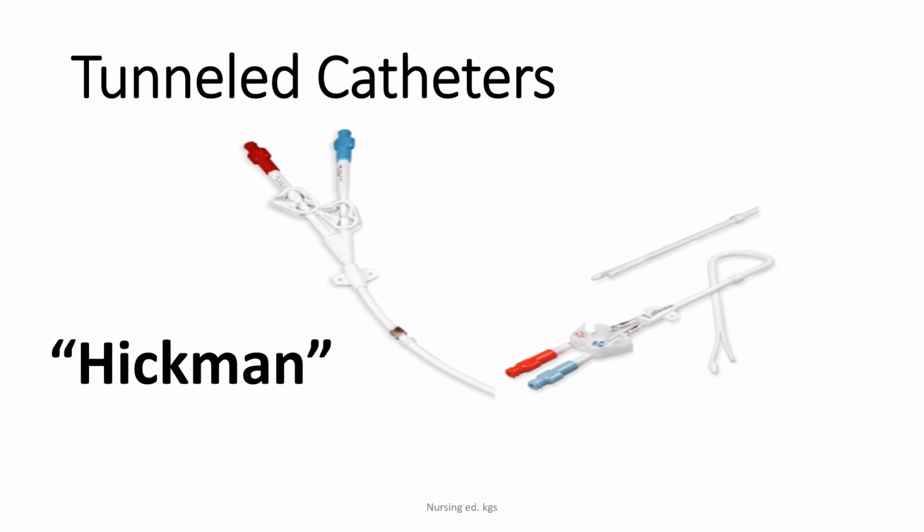Non-cuffed tunneled catheters are used for emergencies and for a short period, typically under 3 weeks. Tunneled or cuffed catheters are able to last for much longer than 3 weeks, and the catheter is secured by a cuff.